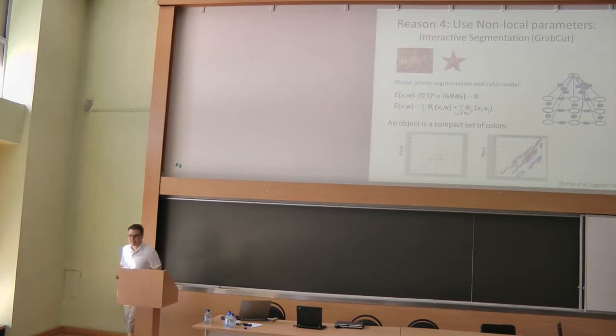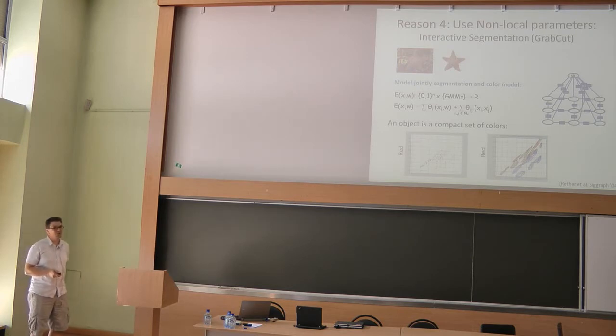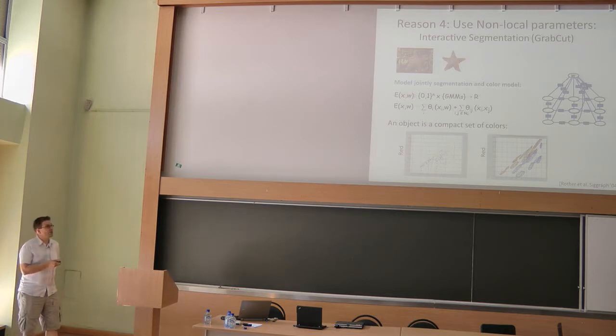So what's the underlying theory here? There's a lot of approximation going on in the background because it has to be fast. But what's really underlying is a color model, a global variable called W, which is exactly this Gaussian mixture model for foreground and background. We try to optimize these Gaussian mixture models for background and foreground jointly, and they impact the whole segmentation.